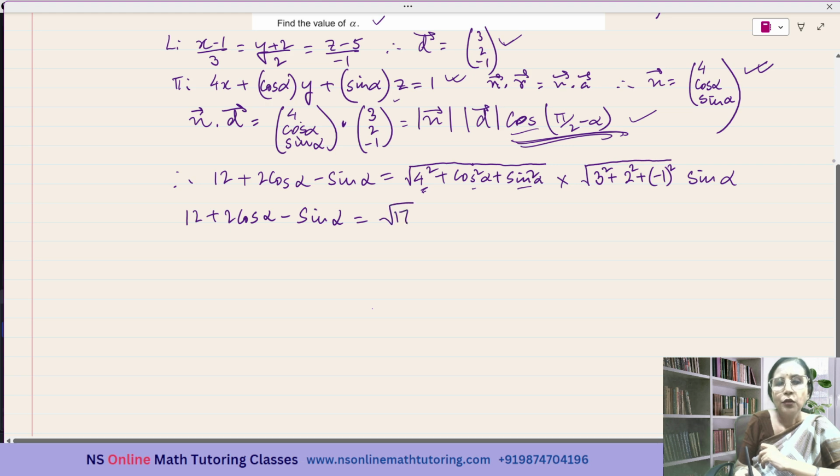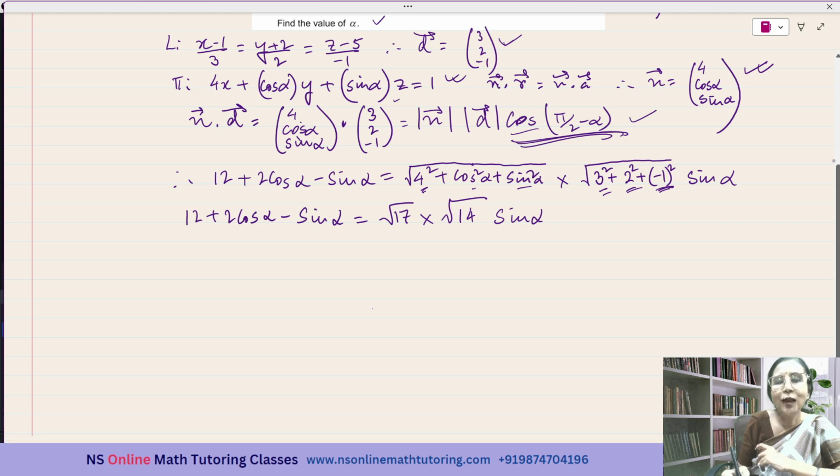So it is the square root of 17 times the square root of 14, since 9 plus 1 is 10, and 10 plus 4 is 14, times sine alpha. And now we have to solve this using the calculator to get the value of alpha.